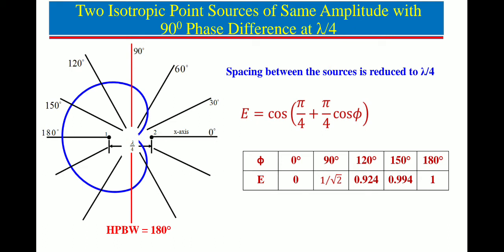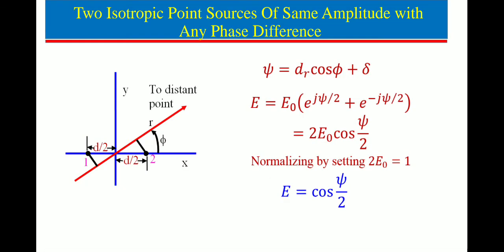Similarly, for different values of phi, that is 0, 90, 120 degree, 150 degree and 180 degree, the electric field is equal to 0, 1 by root 2, 0.924, 0.994 and 1, for HPBW equal to 180 degree.